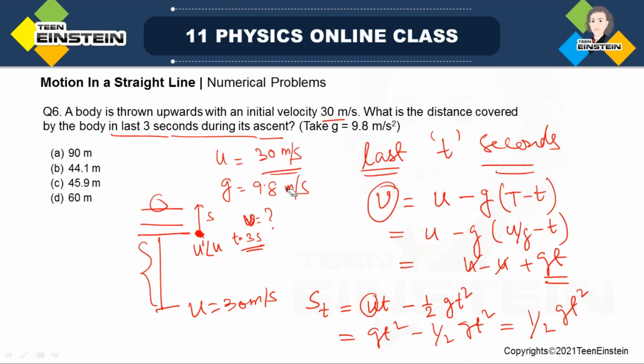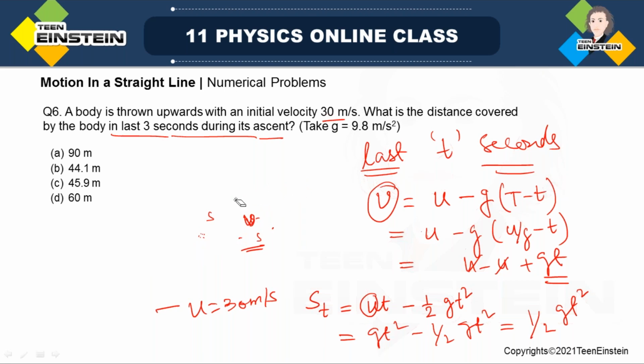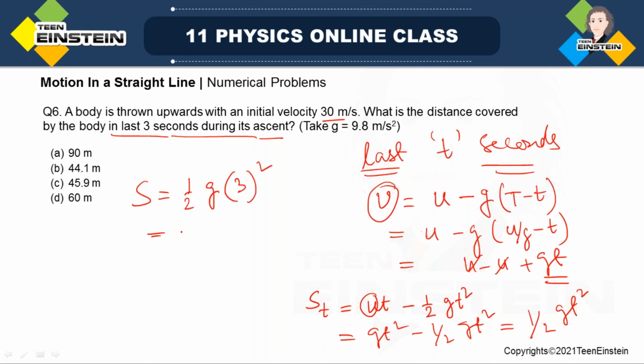Whenever there is a problem like this, that in a vertical motion some object is thrown with a certain velocity, and you are asked the displacement in the last 3 seconds, last 4 seconds, last 5 seconds, and so on, if this is upward motion, you can simply find it. Here t is 3 seconds in the problem, so s is equal to half g t square.